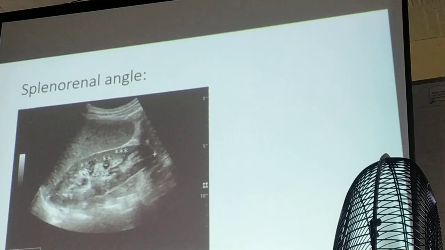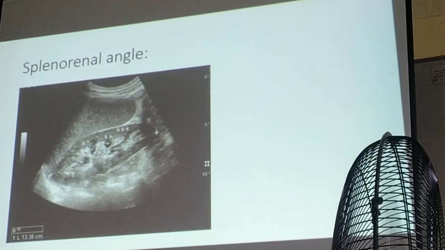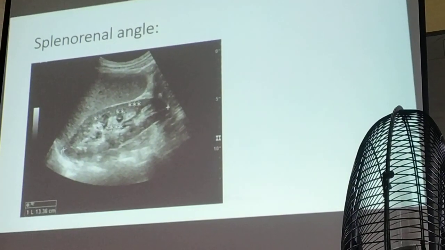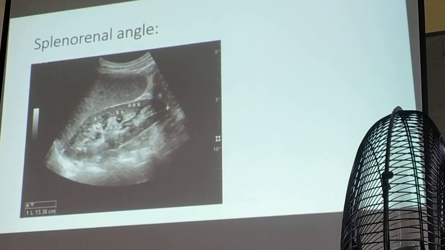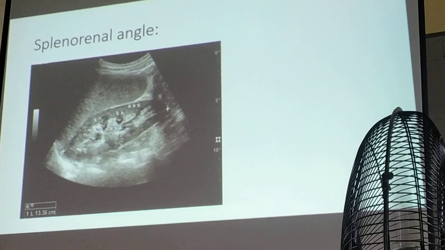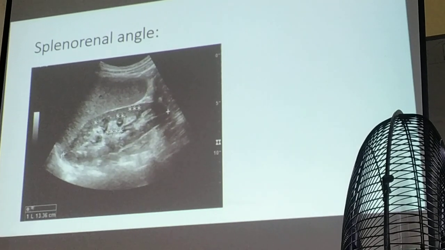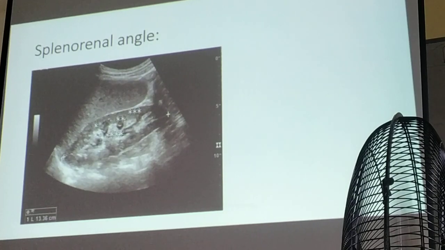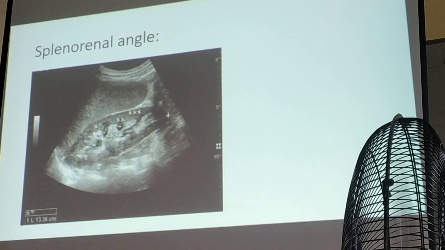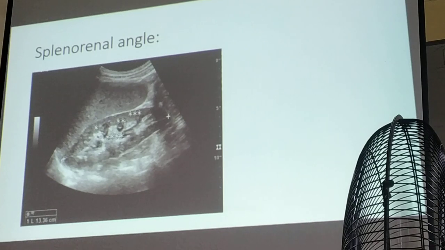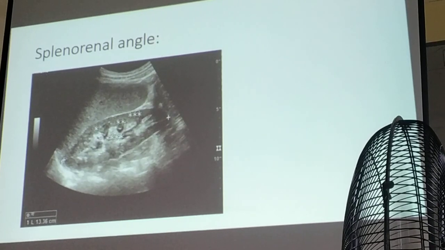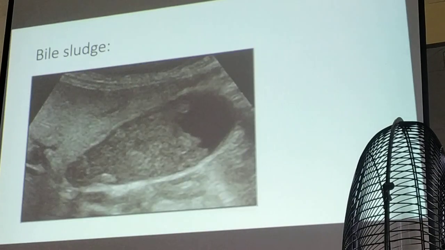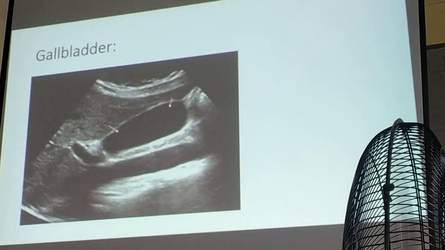And there are no what? Something you see every time you scan the liver. The intrahepatic ducts. Okay? In the spleen, there would be no intrahepatic ducts. I'll show you the intrahepatic ducts.